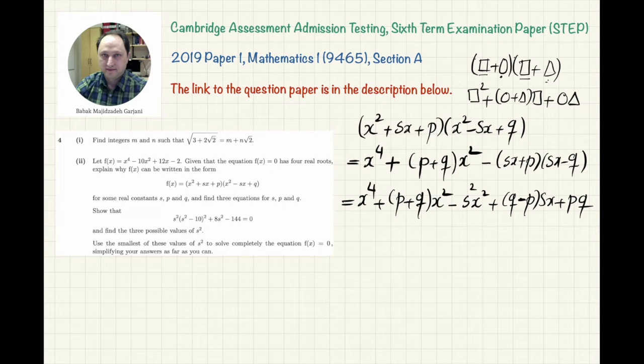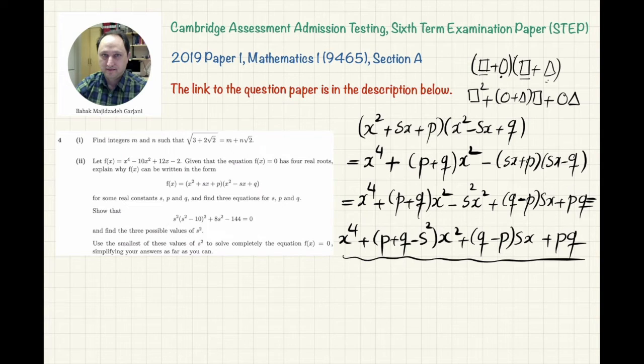So what I get is this expansion: x to the 4, plus (p plus q minus s squared) x squared, which I factored out, plus (q minus p) sx, plus pq. This is my final expansion.